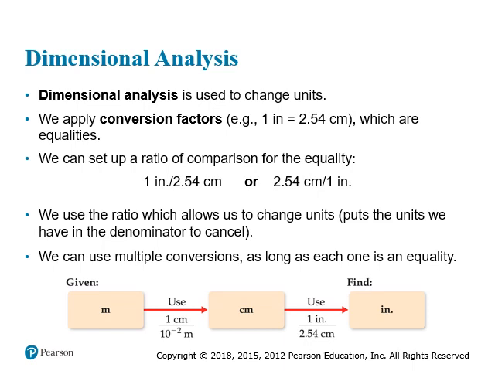So since we have a ratio that is equal to 1, we can multiply a measurement by that ratio in order to get rid of the units that we don't want and keep the units that we do want. Sometimes we may need to use multiple conversions. If we do so, then we would need to know the equalities, the ratios for the various measurements.